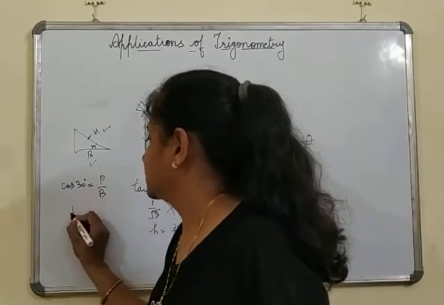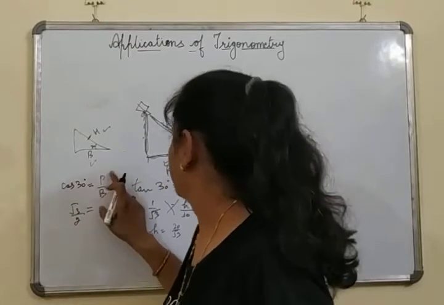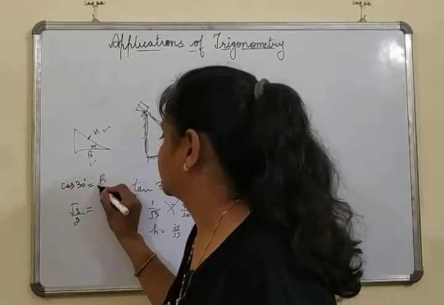Cos 30 degree is root 3 upon 2, sorry, base upon hypotenuse.